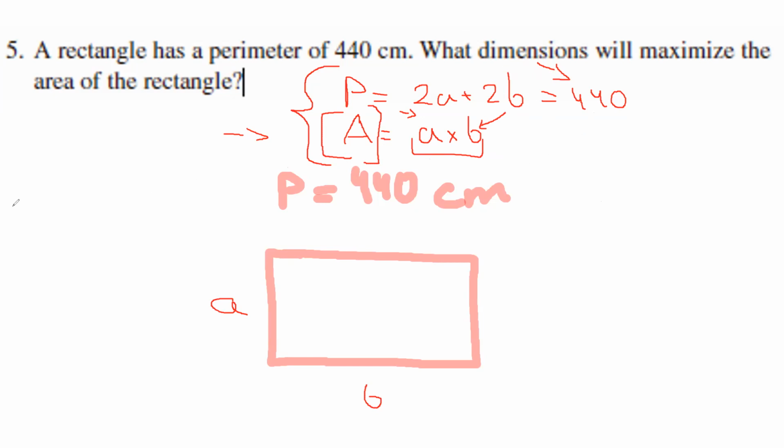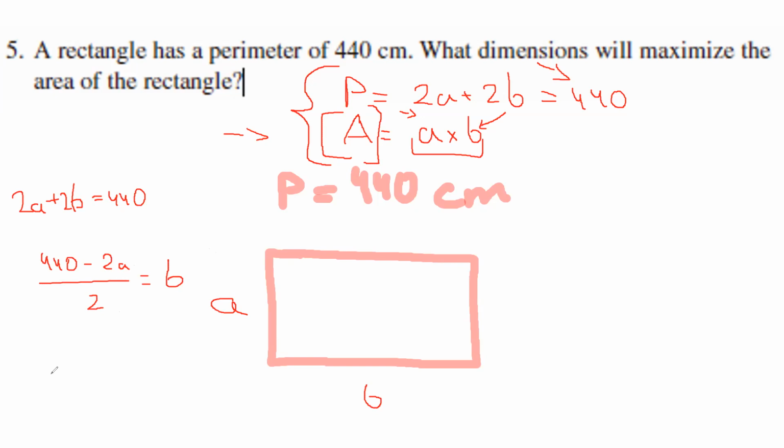It's pretty simple. I have the function 2A plus 2B equals 440, right? I would like to know what B equals. So to find B, I bring 2A to the right and divide by 2. I'm going to have 440 subtract 2A, divided by 2, equals B, right? No, wait, let me finish.